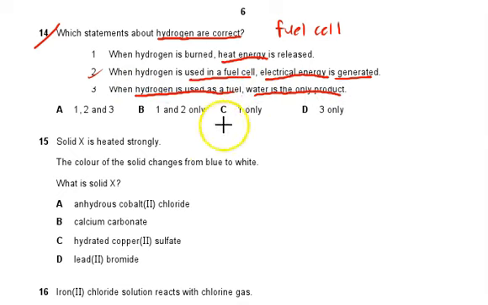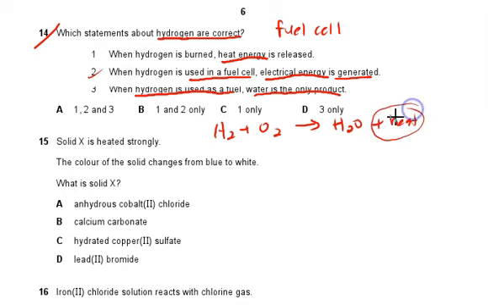Yes, it's correct. Because hydrogen plus oxygen produces water and the heat energy. Okay, so the heat energy will be transferred to the engine. So your answer here will be everything: 1, 2 and 3.